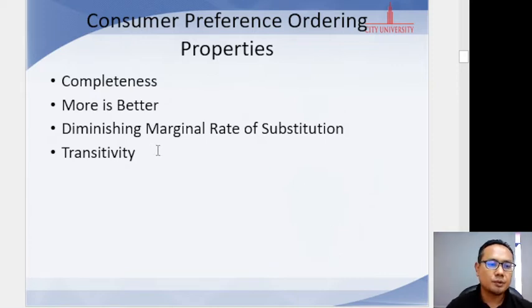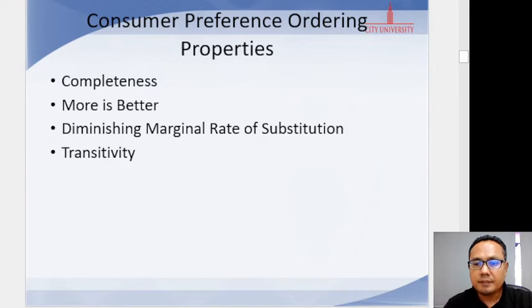For the first property, completeness, for any two bundles, say A and B, either A is preferred to B, or B is more satisfying than A, or A is equally satisfying as B. By assuming that preferences are complete, we assume the consumer is capable of expressing a preference for or indifference among all bundles.